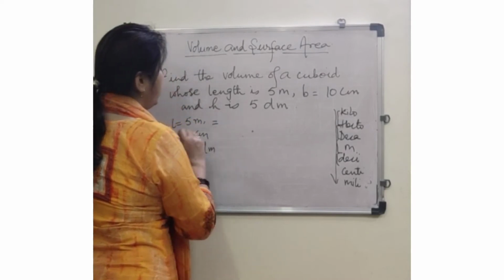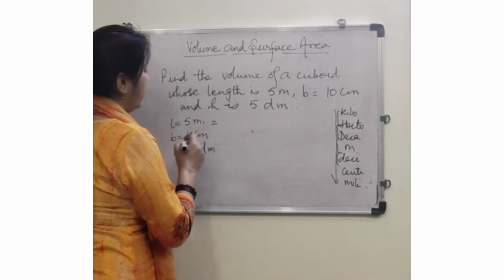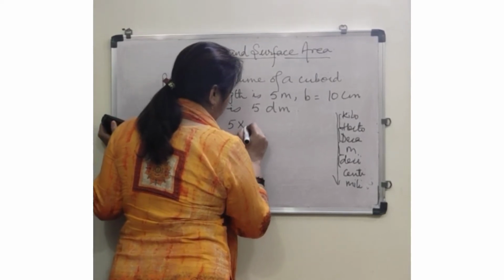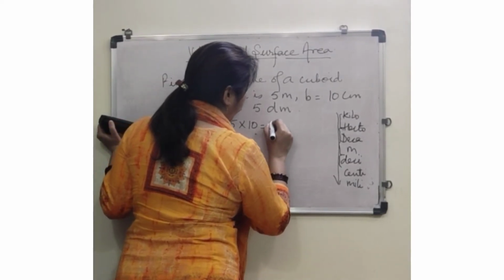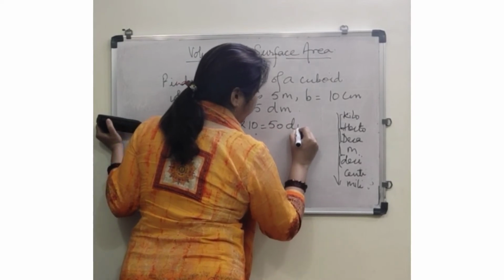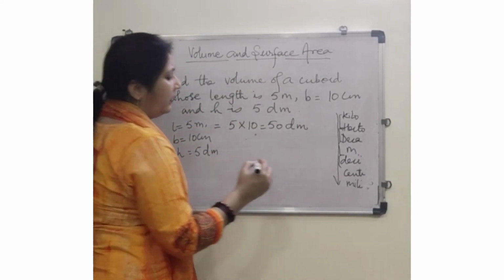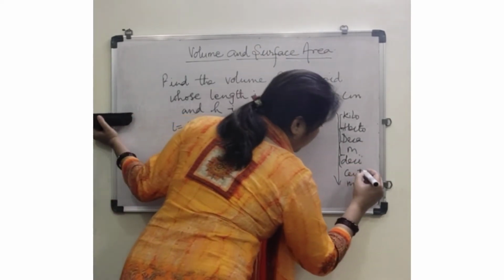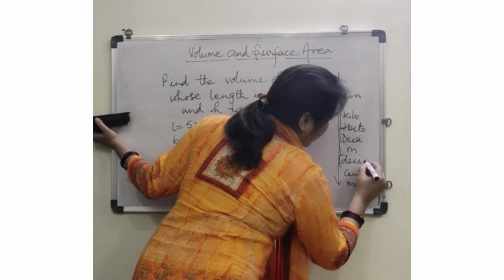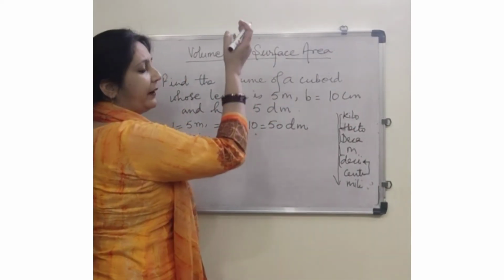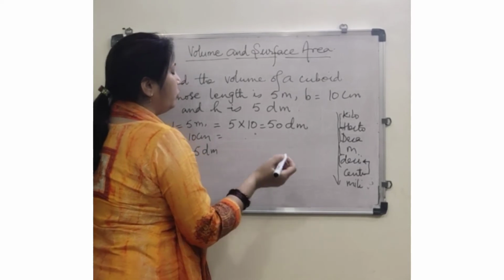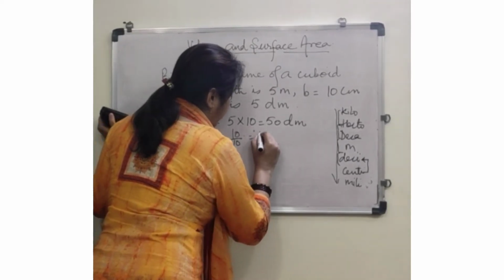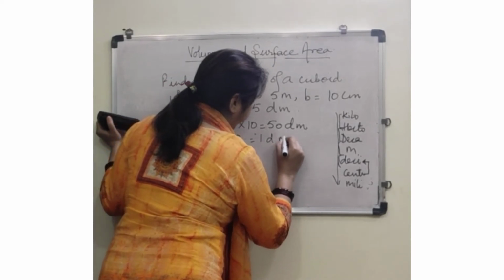So length is in meter, let us convert into decimeter. So 5 into 10, that is 50 decimeter. Fine, because there is only one step down. Now centimeter into decimeter means you have to move upward, in the opposite direction. So you have to divide 10 by 10, that is 1 decimeter.